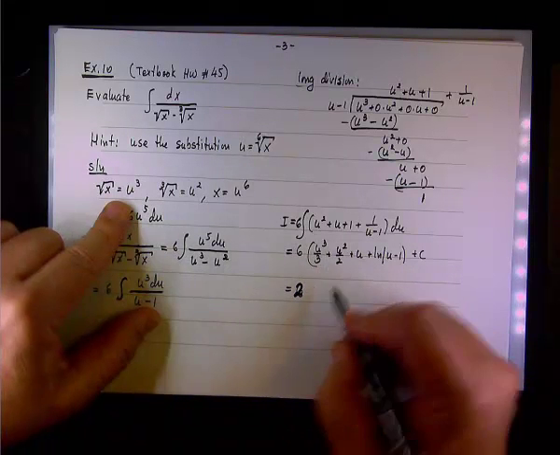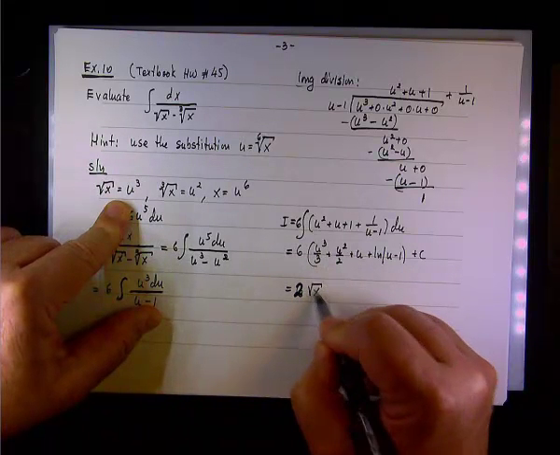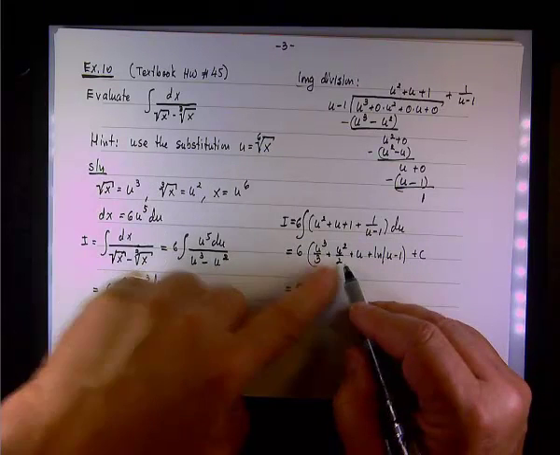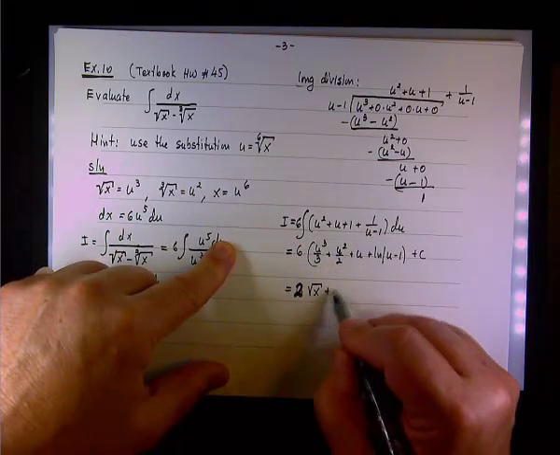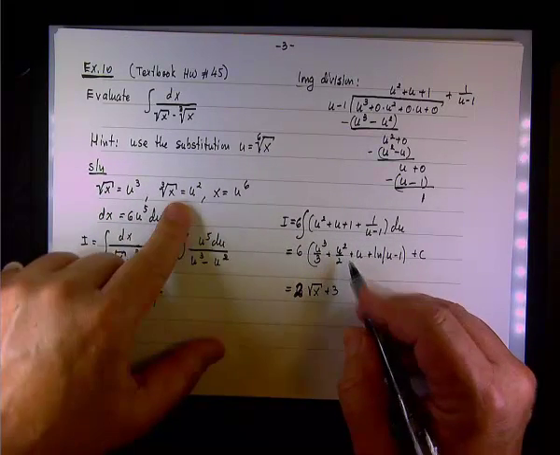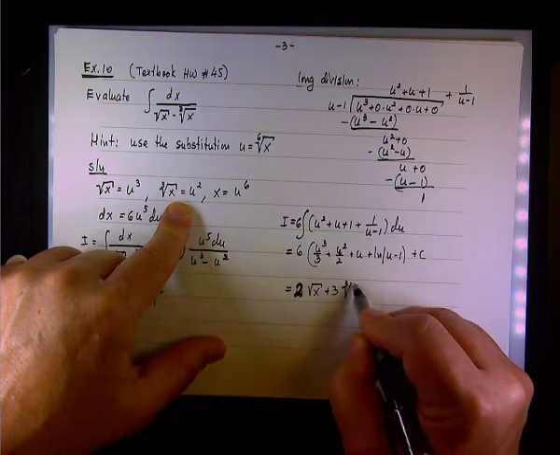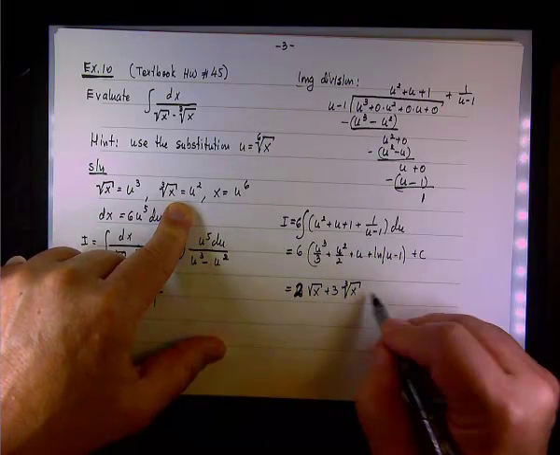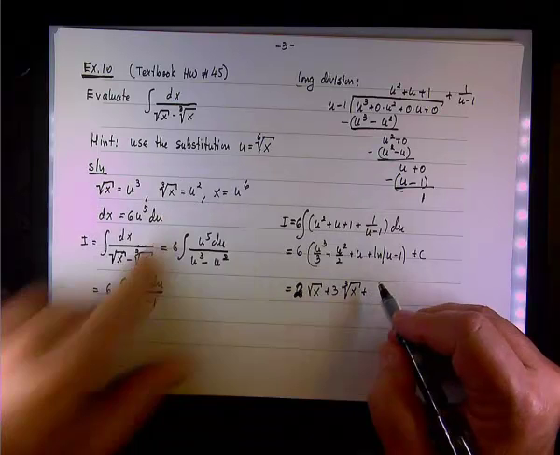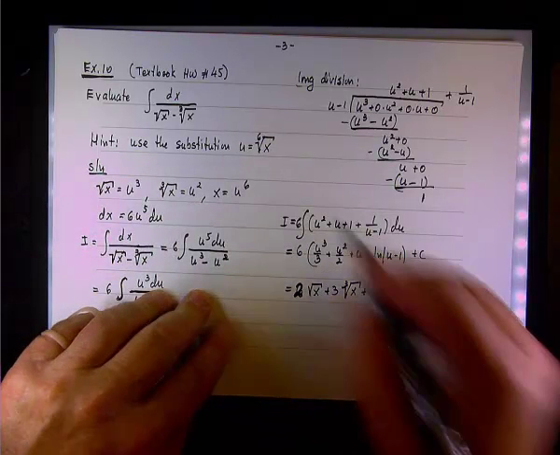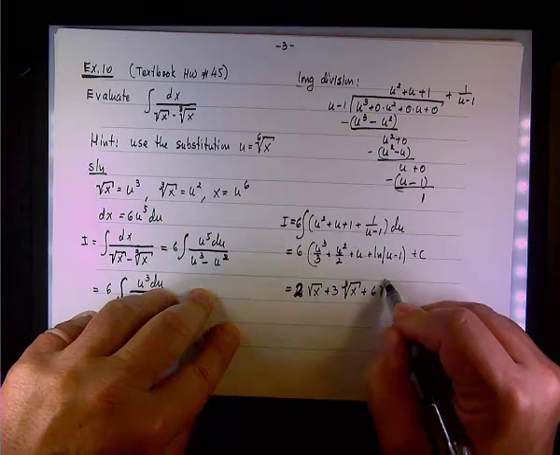Actually, I can multiply it out. So let's multiply it out. I have 2u cubed. Well, u cubed is square root of x. So we have 2 square root of x. 6 over 2 is 3. u squared is the cube root of x.